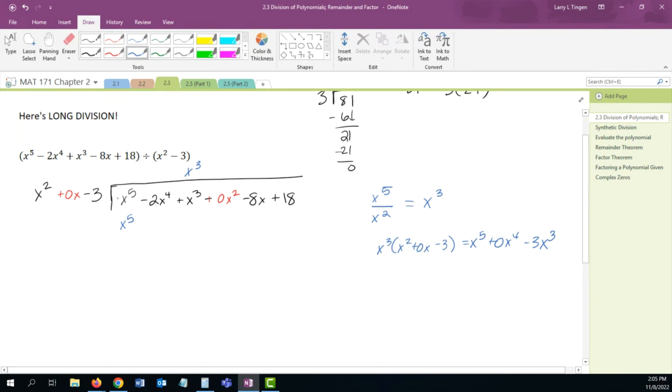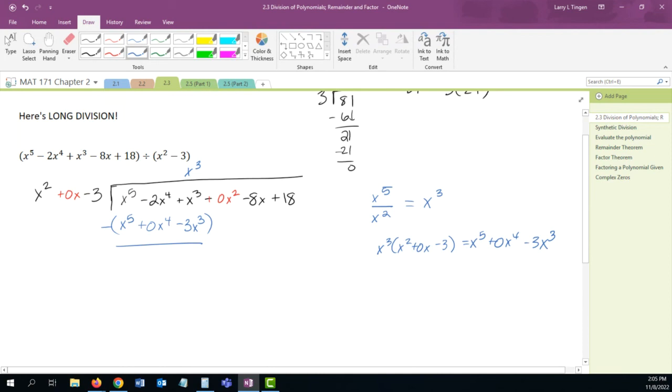Now this comes in right down here. Plus 0x to the fourth minus 3x cubed. When you do this, it's always subtraction. And this first term will always zero out. We built the entire problem up so that the first term goes away.